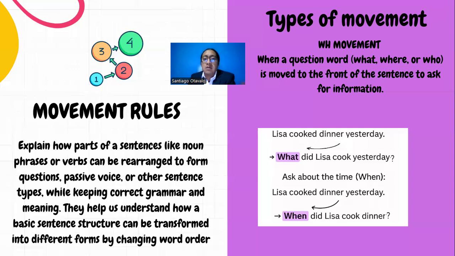This is a basic sentence, and we can transform it to a question, adding at the beginning of the sentence the word what. What did Lisa cook yesterday? We are asking about something, about the thing.